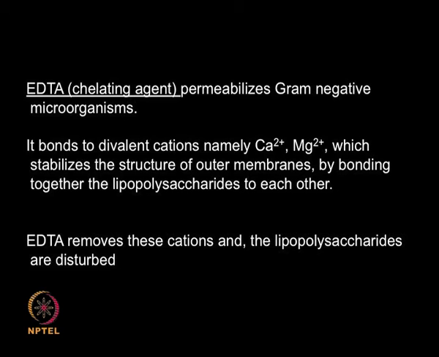So when EDTA removes these calcium and magnesium, the bonding of the lipopolysaccharides gets disturbed, so they fall apart, and you create pores in the cell membrane. Any chelating agent which binds to this calcium and magnesium is a very good agent to create pores in the cell wall, and EDTA is one among them.